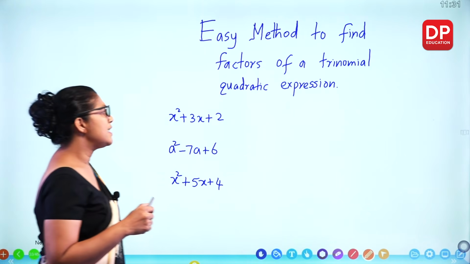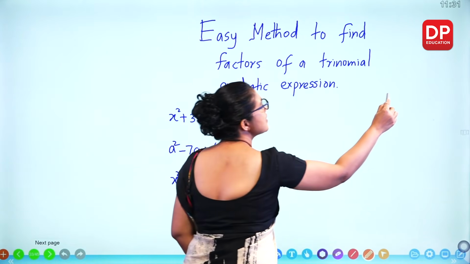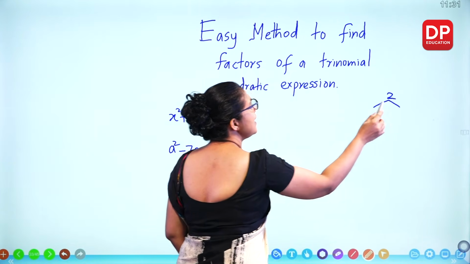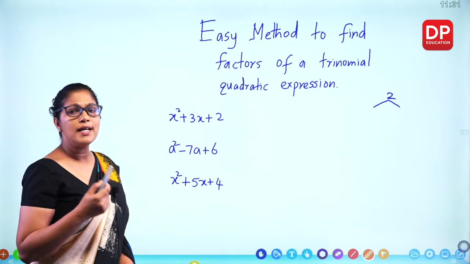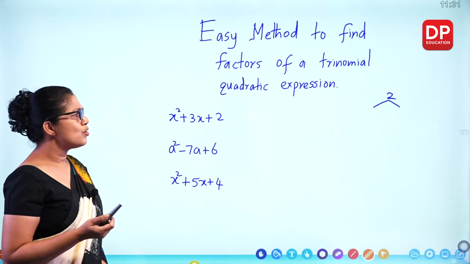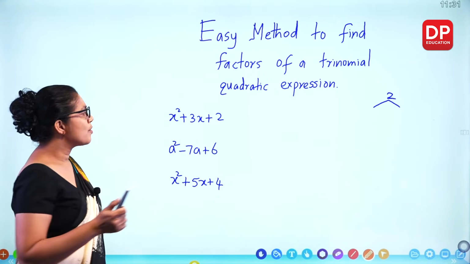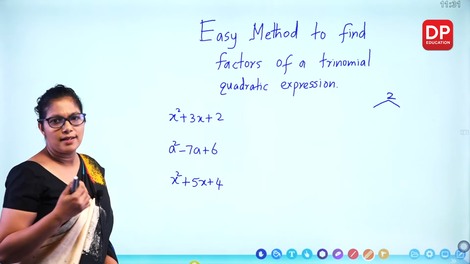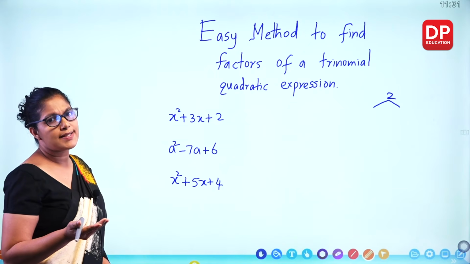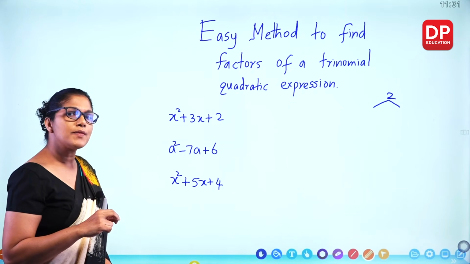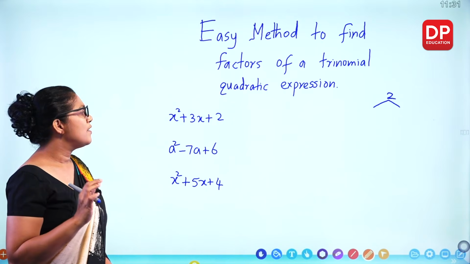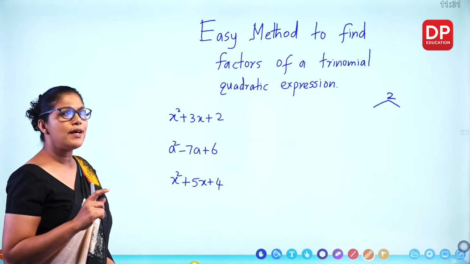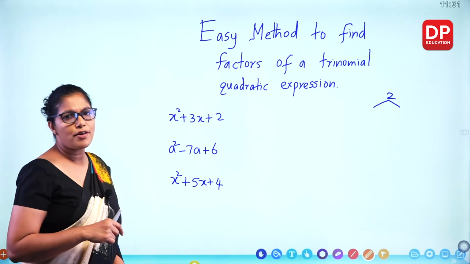Earlier we found the factors of 2 and split the middle term according to that. So here factors of 2, 2 and 1. So you can split 3x as 2x plus 1x and then take two terms at once and factorize separately, and we use that method to find out the factors of this quadratic expression.